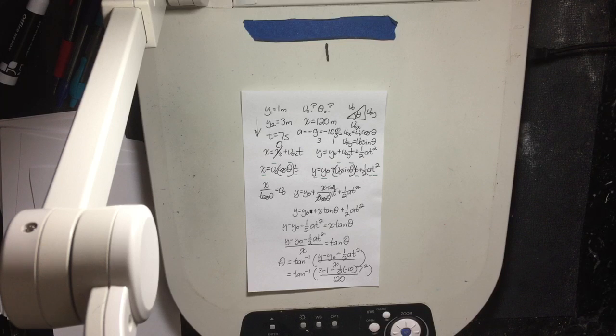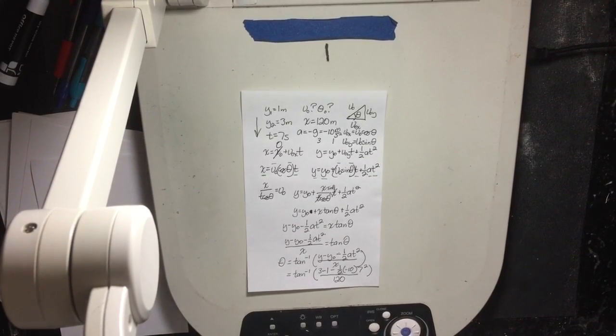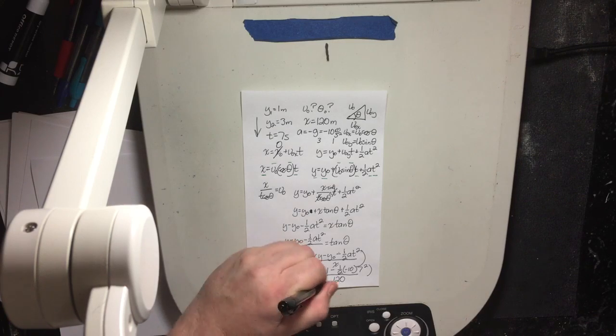Wait, it's gotta be there. It's gotta be there. There it is. So it's 2 plus 5 times 49, divided by 120. So inverse tan of that gives me 64.1 degrees.